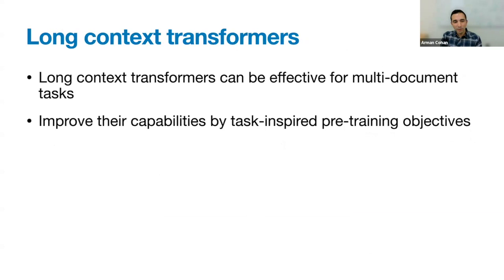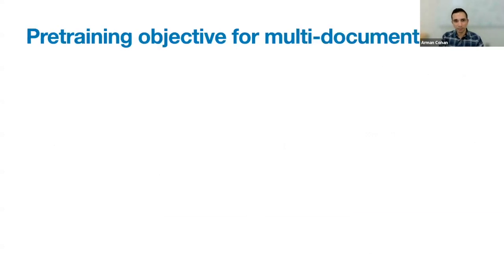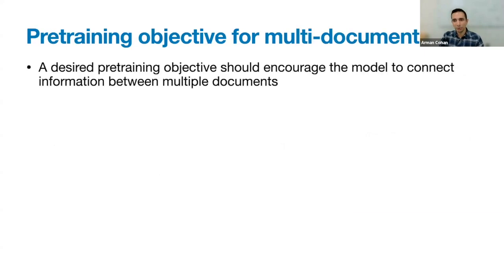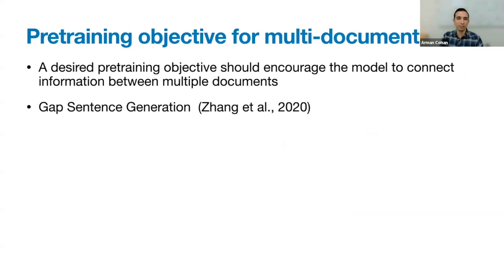So the goal was, can we improve the capabilities of language models by some sort of task-inspired pre-training objectives? So how should pre-training objectives for a multi-document task look? Our hypothesis was that a desired pre-training objective should encourage the model to connect information between multiple documents.